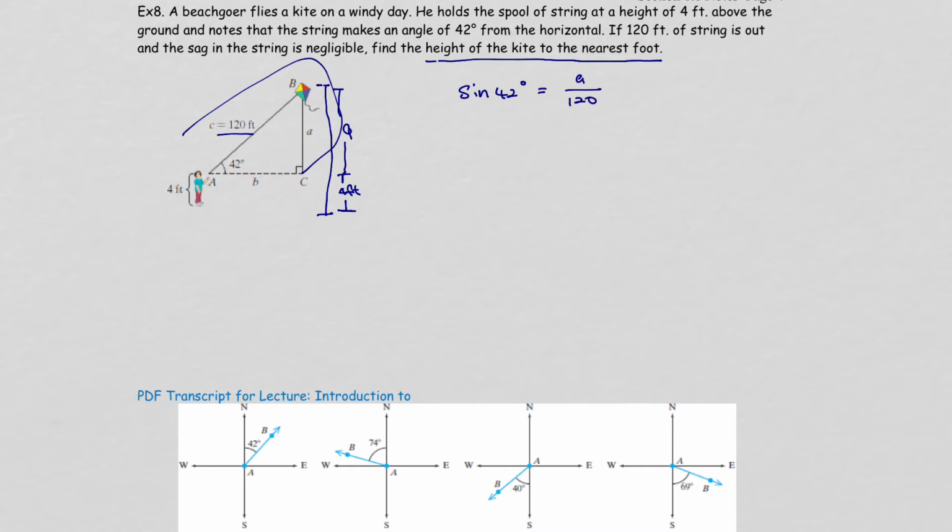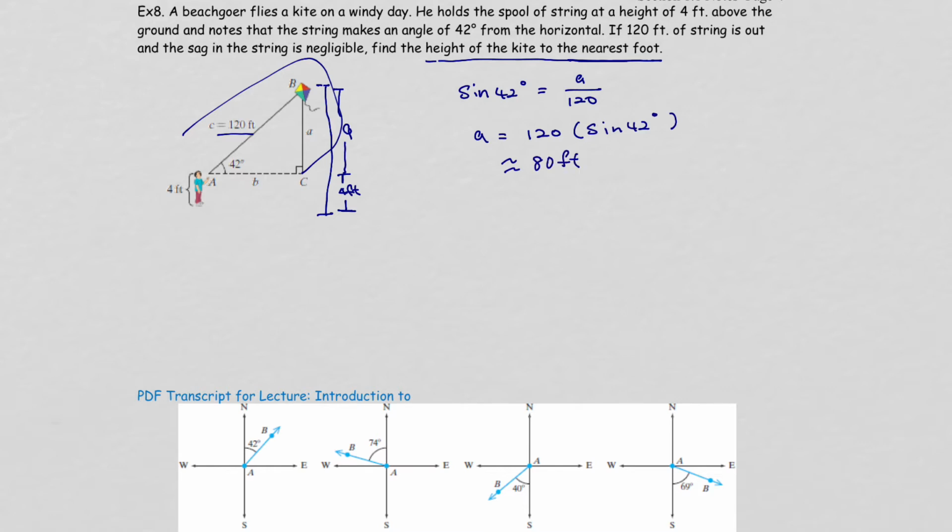In order to find A, you multiply both sides by 120. So you get 120 times sine 42 degrees. When you plug that into the calculator, because we wanted to figure out the nearest whole number, it will be close to 80 feet.